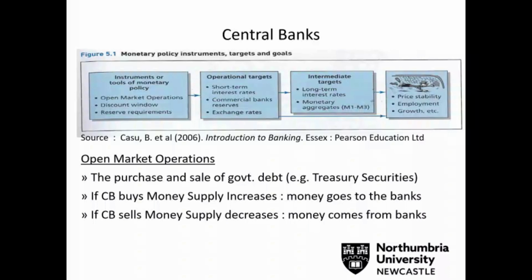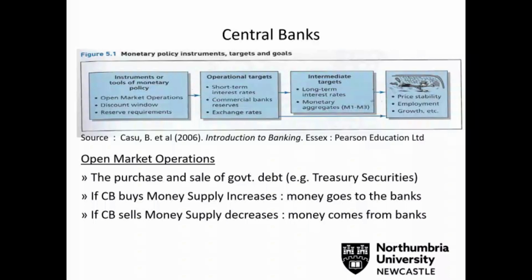So if they wanted to do quantitative easing, the bank would print money, make new money to buy debt from the banks, which gives the banks cash, therefore the banks can then lend.